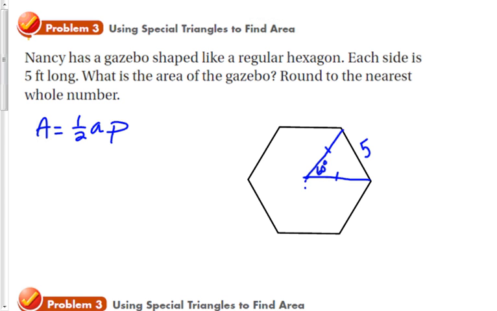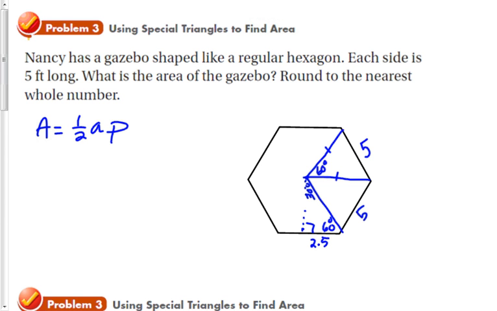So this distance right here down to the side, that perpendicular distance, my center's off a little bit here, but you get the idea there. Since it's an equilateral triangle, this angle here is 60 degrees. This angle here is 30 degrees, so we have a 30-60-90 triangle. This distance is 5, so the short leg on this triangle is 2.5.